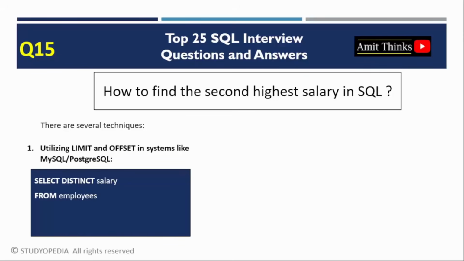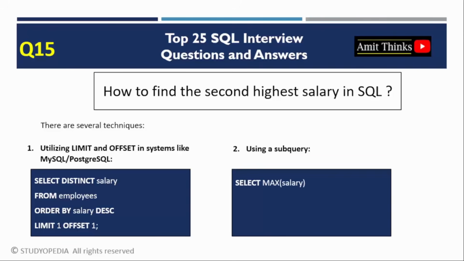The following is the query to find the second highest salary using the order by as well as the limit and offset. Another way is by using a subquery. In this example, we are using the max function as well as a subquery to find the second highest salary in SQL. So these two are the most common ways to find the second highest salary.